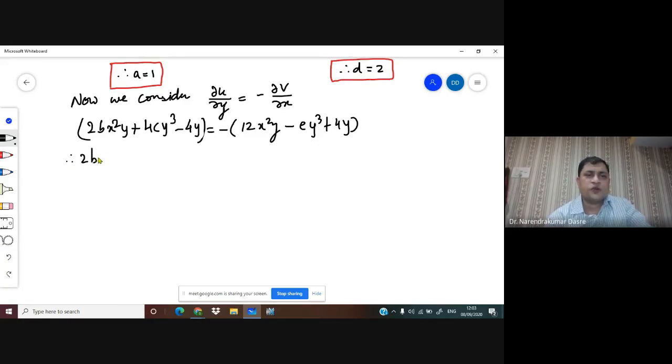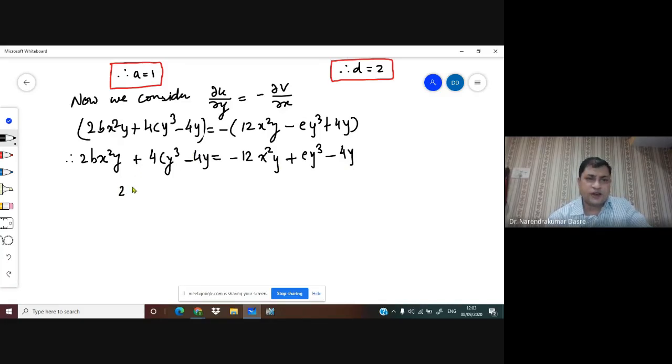So we simplify this term now, hence we get 2bx square y plus 4cy cube minus 4y is equal to minus 12x square y plus ey cube minus 4y. So this minus 4y will get cancelled, and you will be having 2bx square y plus 4cy cube is equal to minus 12x square y plus ey cube.